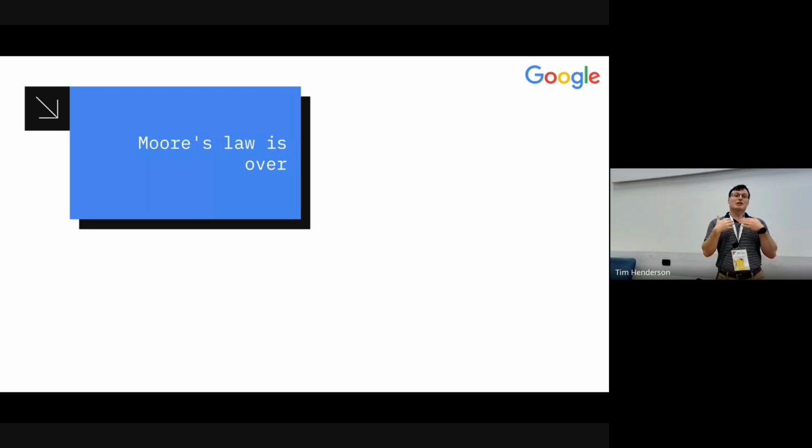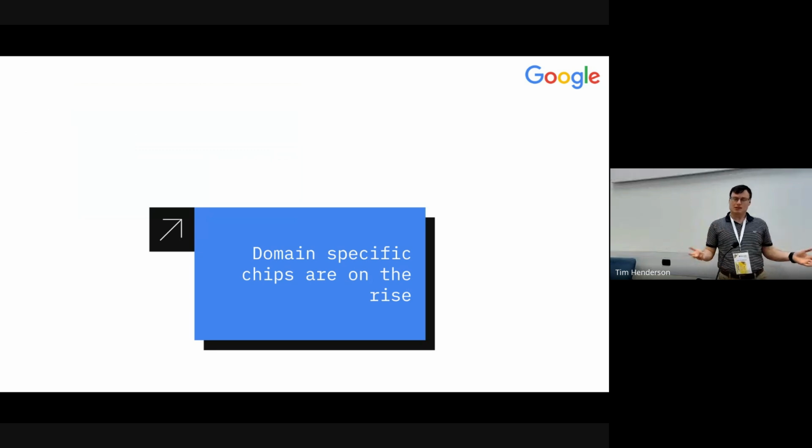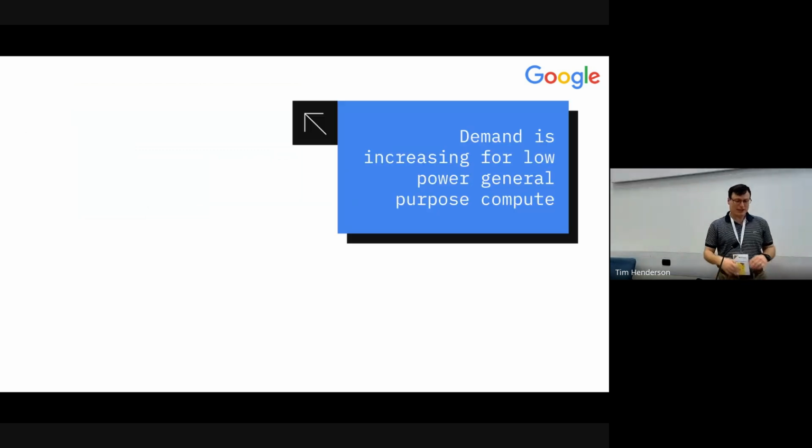And so now we're in the time of domain-specific chips, whether it's an accelerator or something else that you're doing. So we're no longer seeing scaling happening for general purpose compute. The domain-specific chips are on the rise. And we're also having an increased desire to have a lower power general purpose compute.